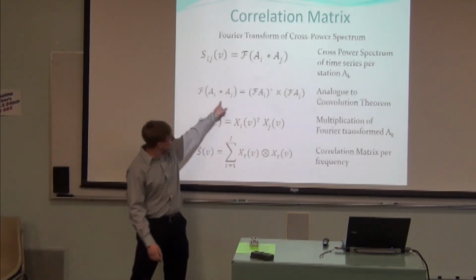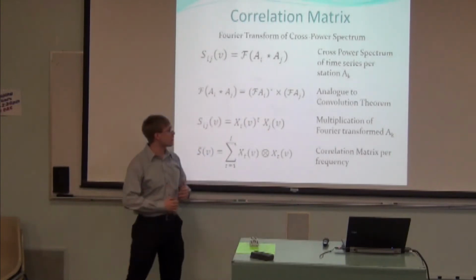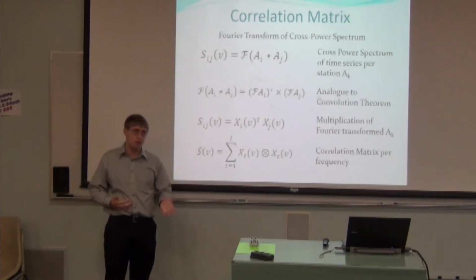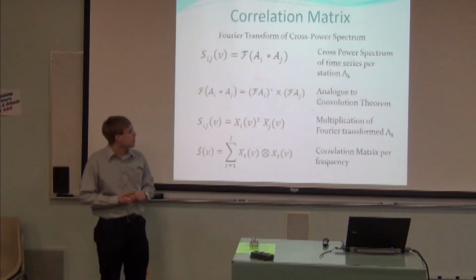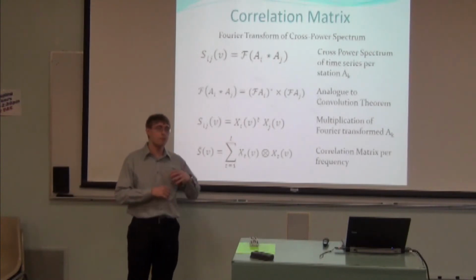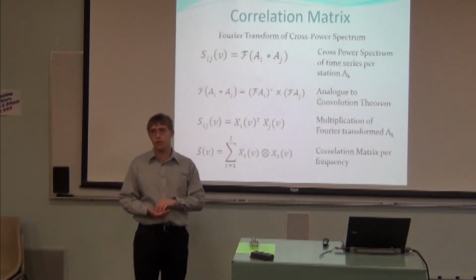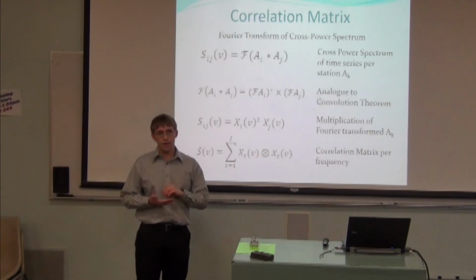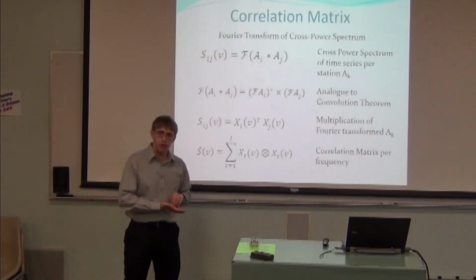So we have this theorem here, which is an analog to the convolution theorem. It's a similar process, and it lets us transform our data from being a time series into a frequency series before we do the cross-correlation.